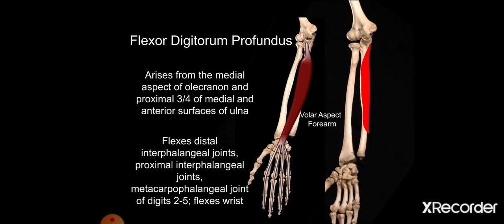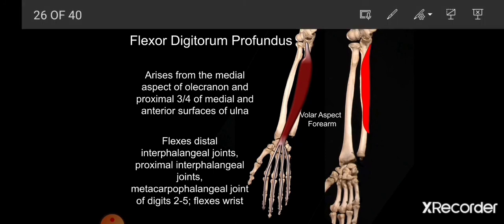Another muscle is the flexor digitorum profundus. It arises from the medial aspect of the olecranon process and proximal 3/4 of the medial as well as anterior surfaces of the ulna. So this muscle is having vast origin from the ulna. That is, it is covering the anterior as well as medial surfaces of the ulna.